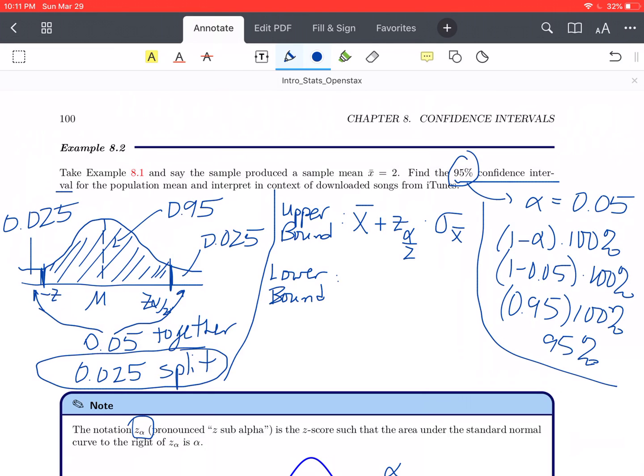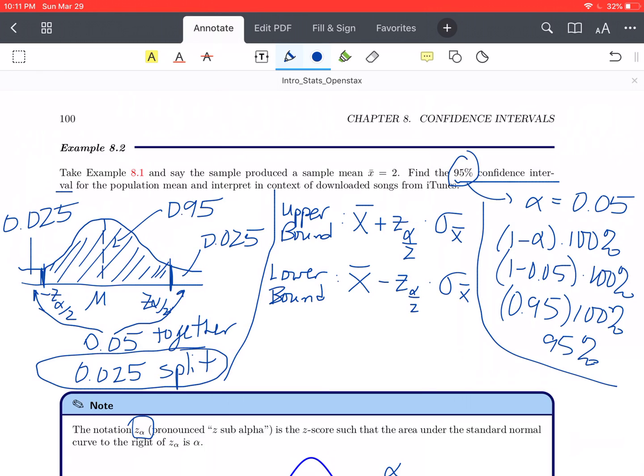Okay. So for the lower bound, we would take the mean, the point estimate, and then subtract z sub alpha over 2 times sigma sub x bar.